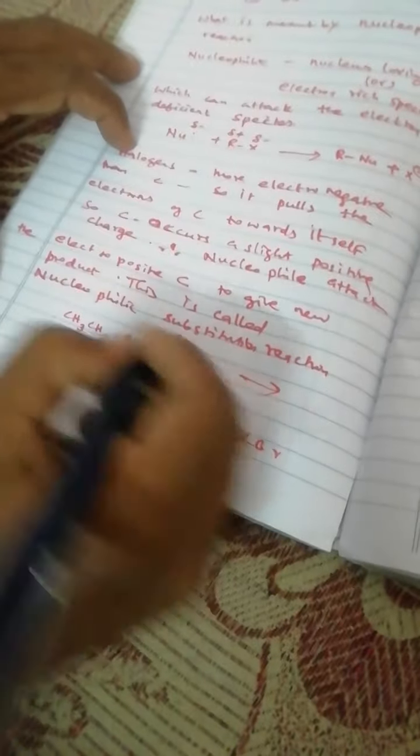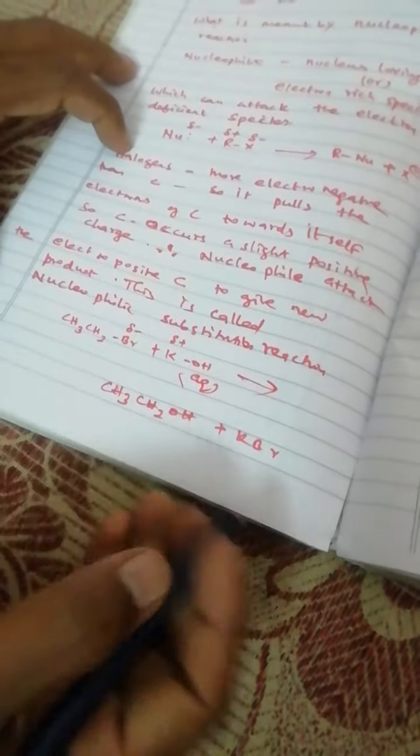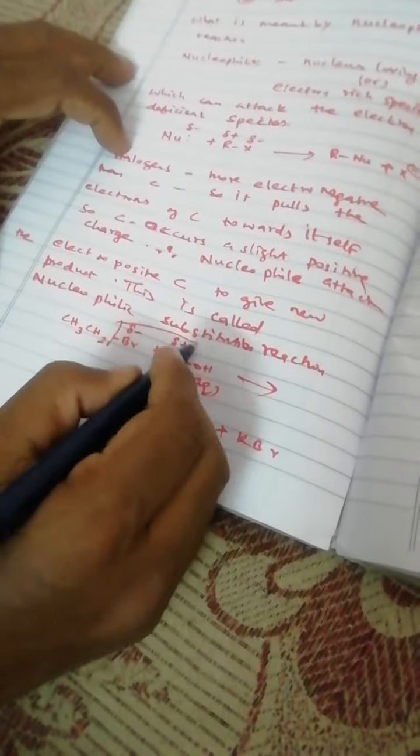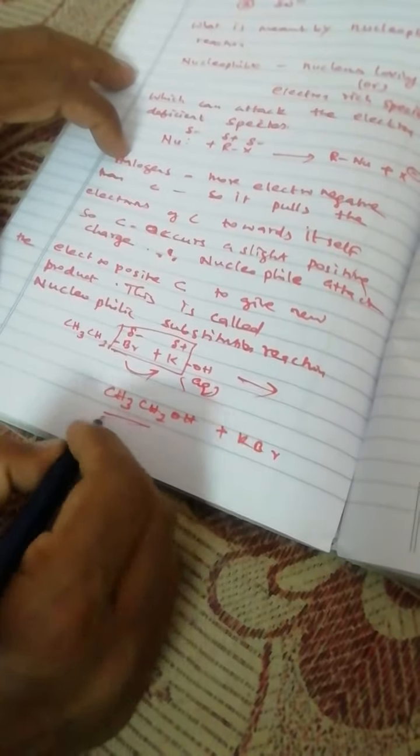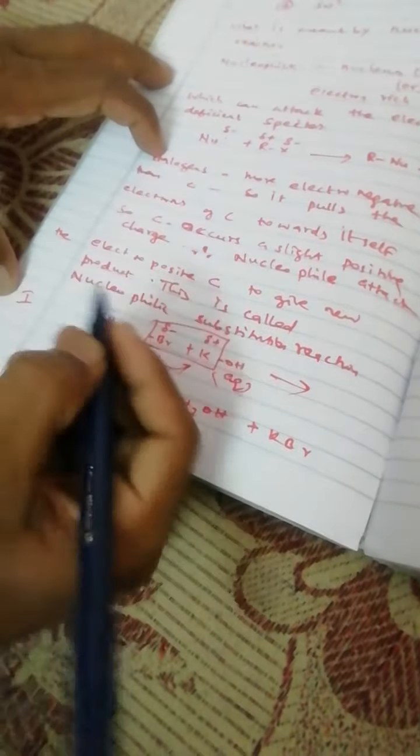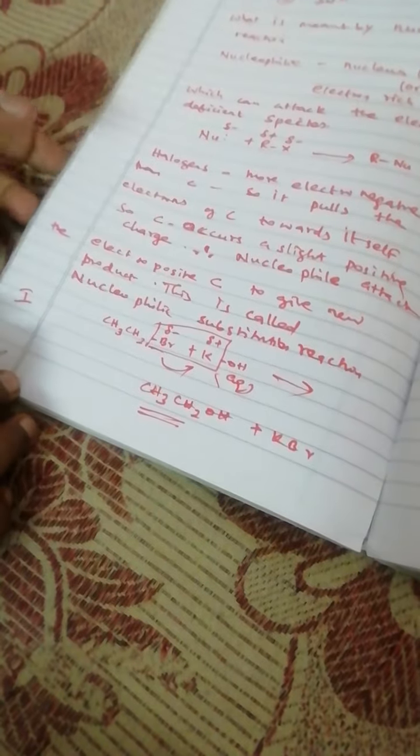This is delta plus, delta minus, so attraction takes place. The nucleophile attacks this one. So this is an example of a nucleophilic substitution reaction.